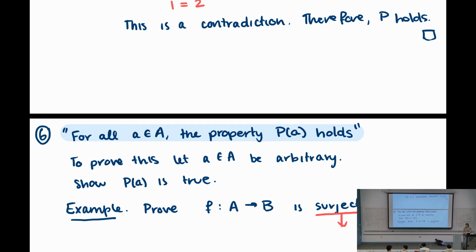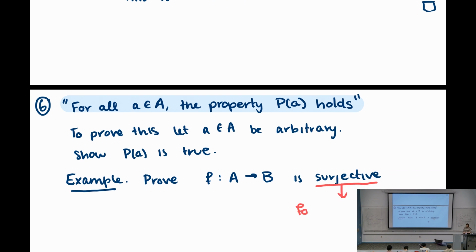This means that for all little b in B, we have the property that there exists a in A with f of a equal to b.